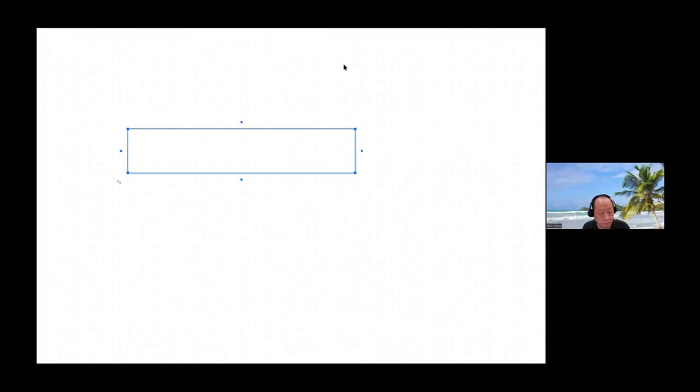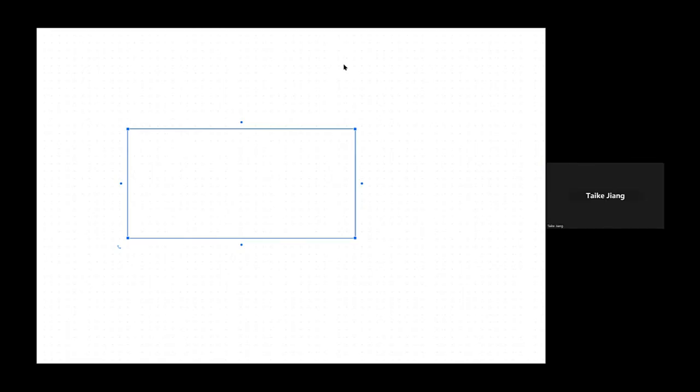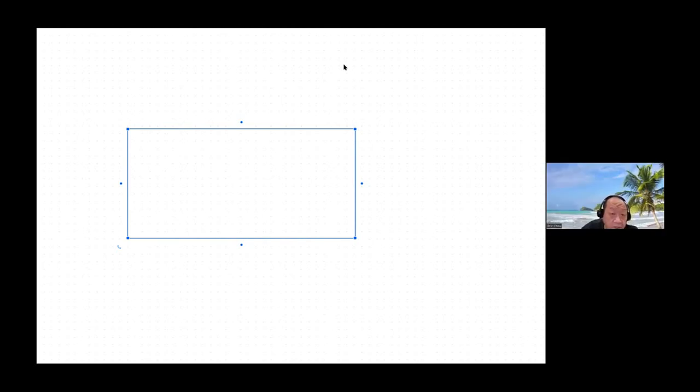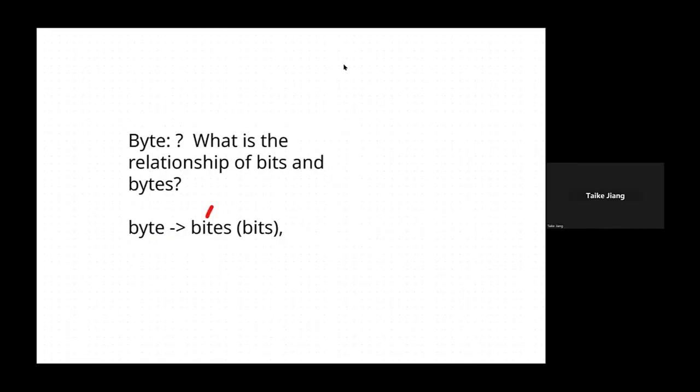Okay, so byte originally is spelled B-I-T-E-S, because it's bits. But the problem is in the early days they called it that, and because the I looked like it was biting something, they didn't like it, so they changed the I to Y. Byte.